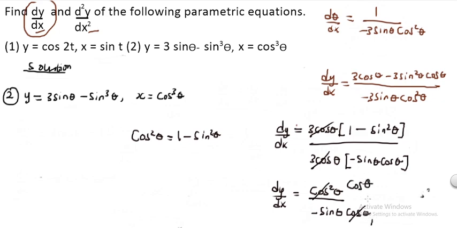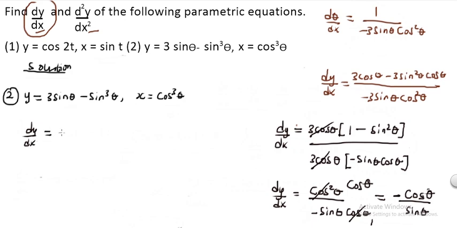So that I can say dy/dx is minus, because there's a minus still left, cos θ divided by sin θ. Then dy/dx is equal to minus, now cos θ divided by sin θ is cot θ. So I can write it as cot θ here. So I've succeeded in finding my dy/dx.